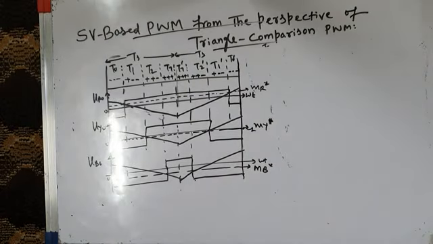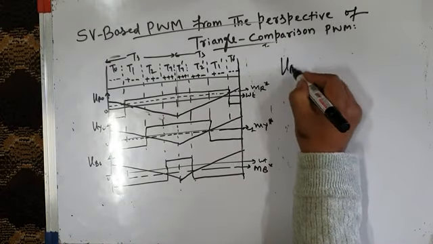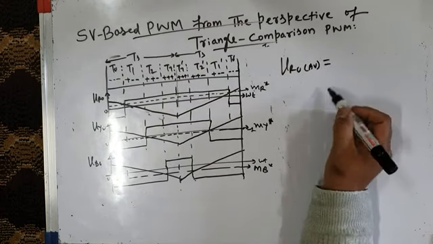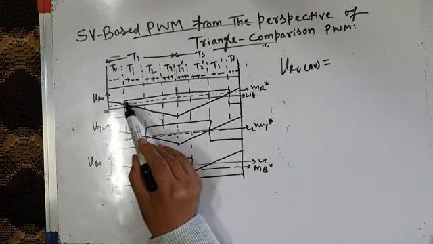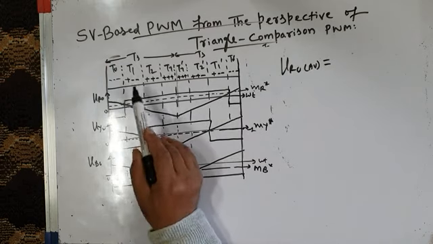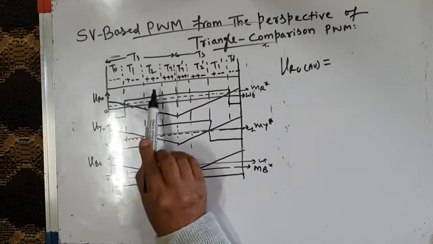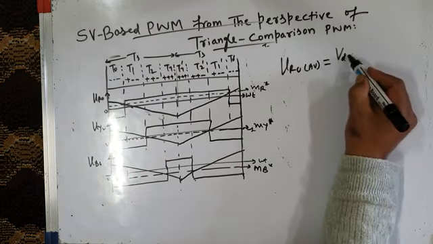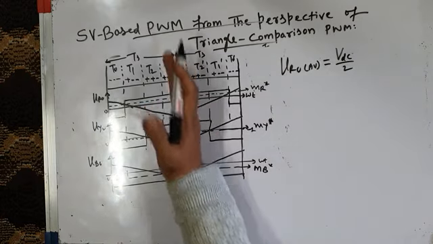Now let us find the average pole voltage VRO from these waveforms. This VRO average is either plus VDC by 2 or minus VDC by 2. It is plus VDC by 2 for the time interval T1, T2, T7 in one subcycle. Let us take one subcycle only.